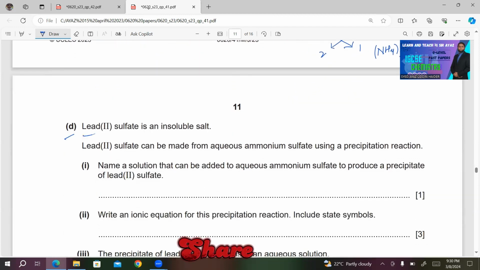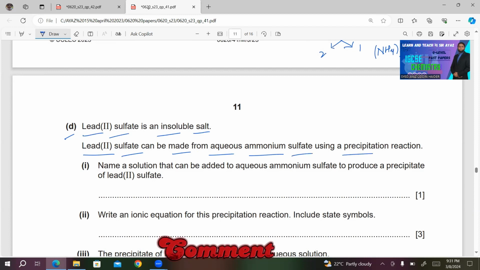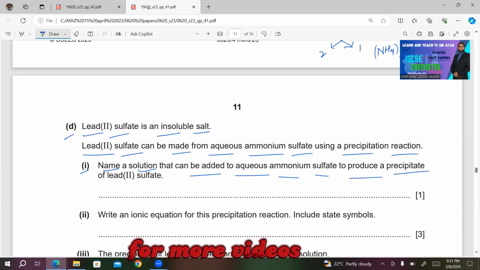D. Lead 2 sulfate is an insoluble salt. Lead 2 sulfate can be made from aqueous ammonium sulfate using a precipitation reaction. Number 1. Name a solution that can be added to aqueous ammonium sulfate to produce a precipitate of lead 2 sulfate.